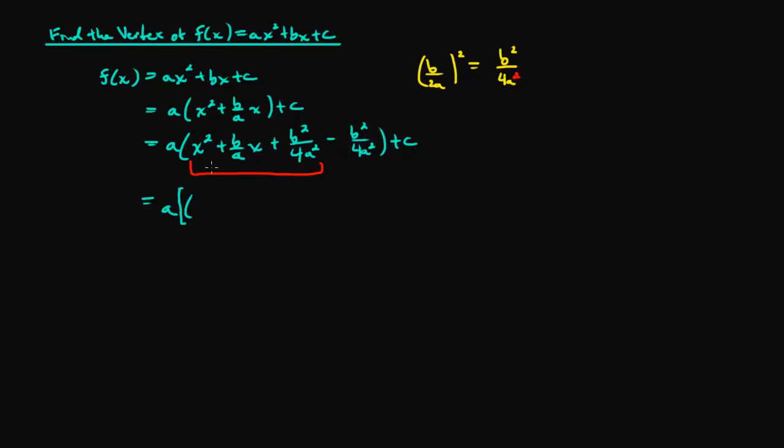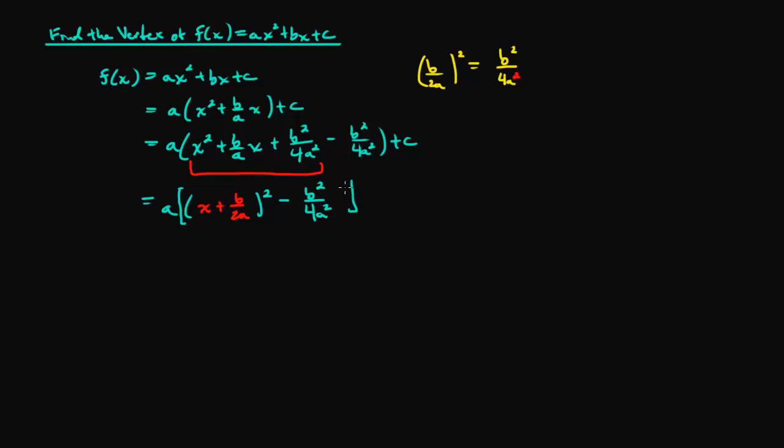So this red guy is a perfect square trinomial, and it factors to x plus b over 2a squared. And then outside of the bracket, I've still got minus b squared over 4a squared.